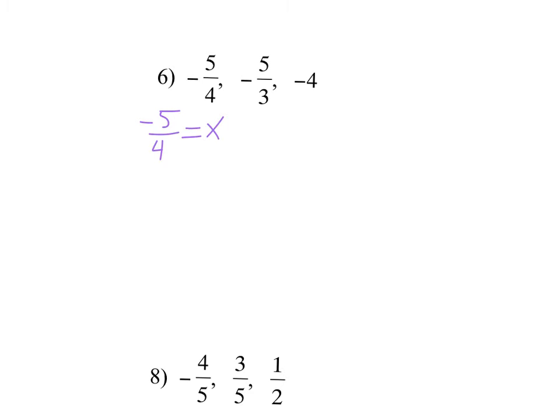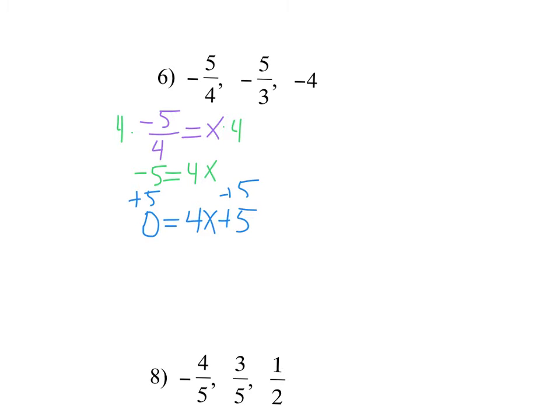So it's like you're unsolving this equation. I'm going to multiply both sides by 4. So we get -5 is equal to 4x. And then if I add 5 to both sides, that gives us a term on the right of 4x plus 5.